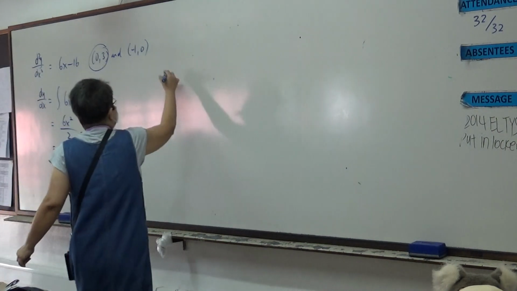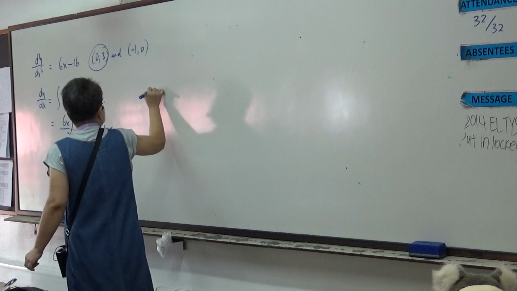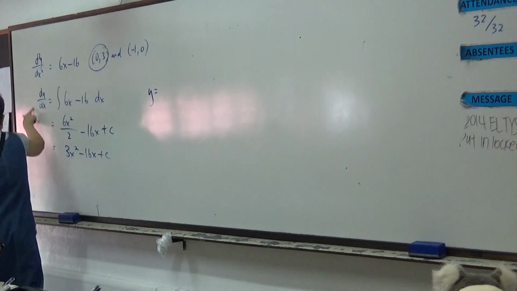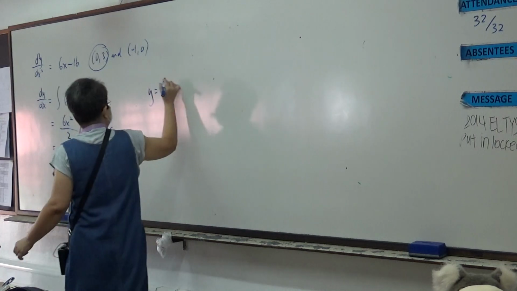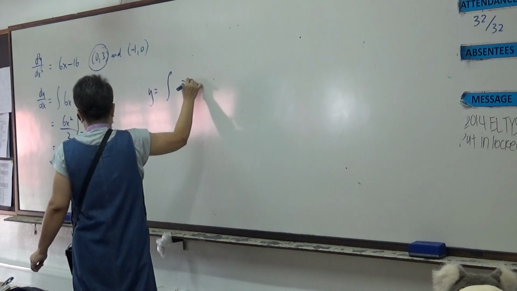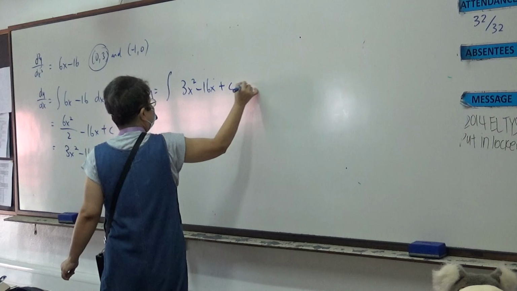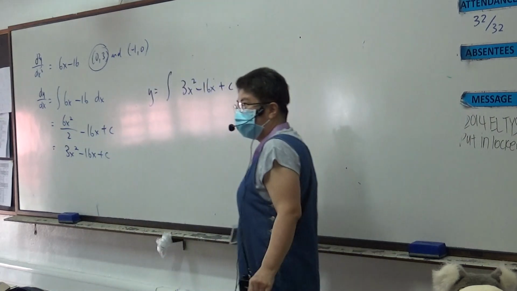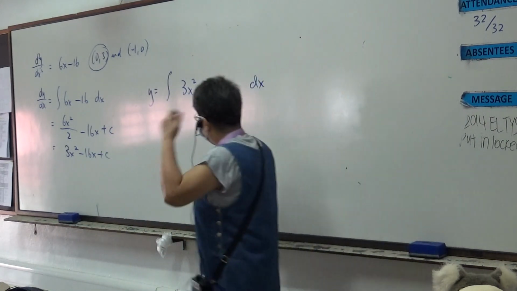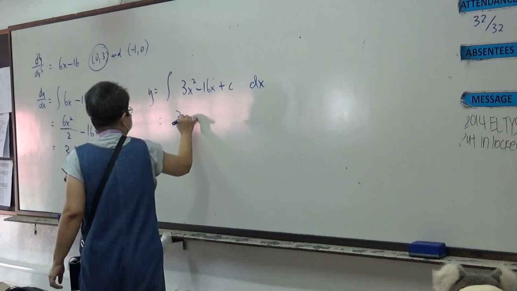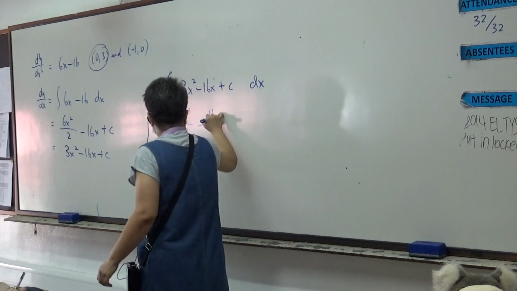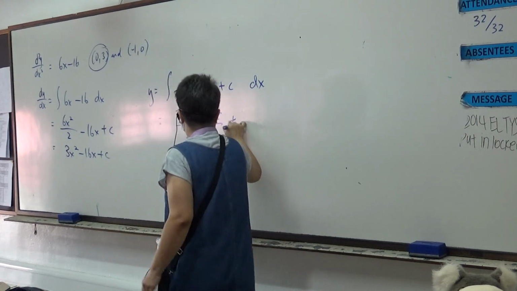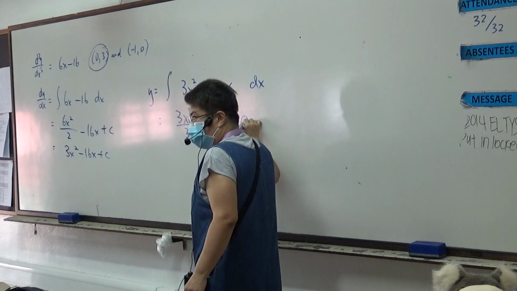Okay? Now, from dy/dx, how will I get y? When I integrate this, I'll get y, right? That means I must integrate this, right? So I will have what? Everybody okay? So, what do I get here? 3x cubed over 3 minus 16x squared over 2 plus what? cx, right?